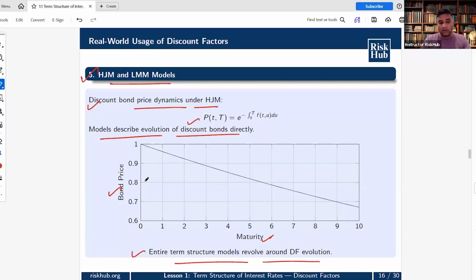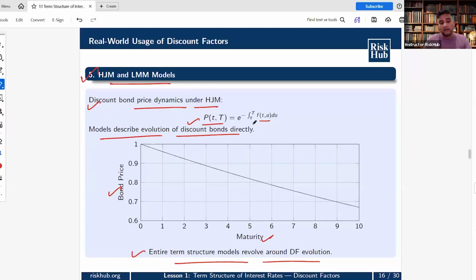P of t comma capital T equals exponential raised to the power minus the integral from t to capital T of f of t comma u with respect to u. The P(t,T) is nothing but the price at time t of a zero coupon bond paying 1 unit at time T. f(t,u) is the instantaneous forward rate seen at time t applying to a single instant u.